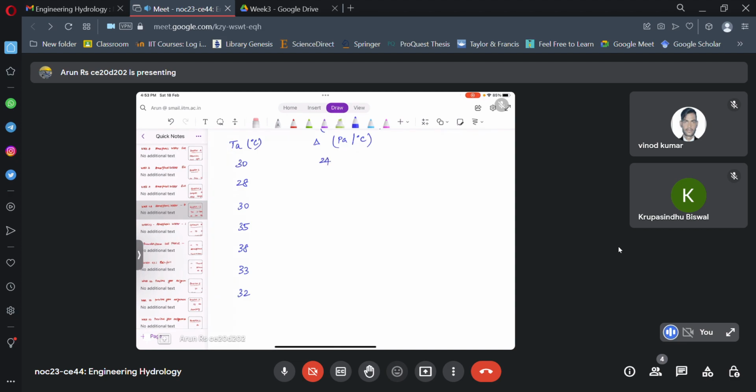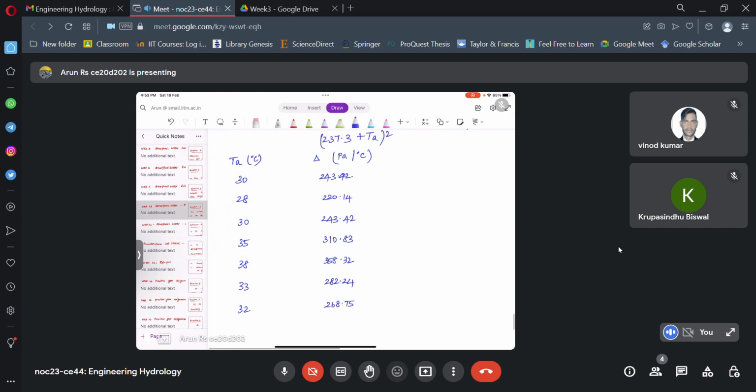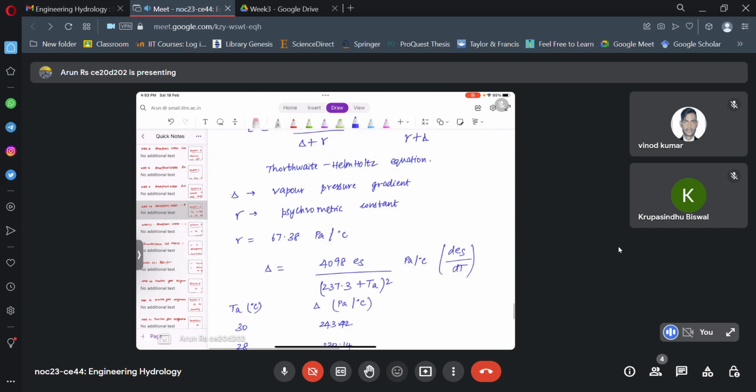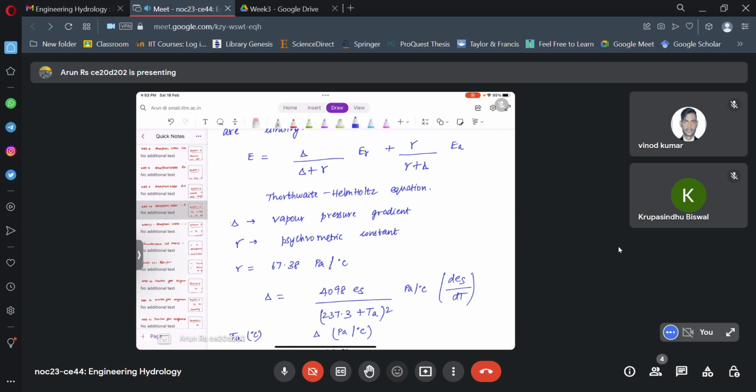So I have already calculated 243.42, 220.14, 243.42, 310.83, 358.32, 282.24, 268.75. So now we just have to substitute in this equation with respect to the corresponding evaporation rate from the energy balance method and your aerodynamic method.